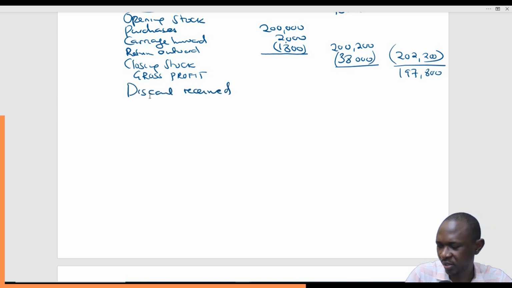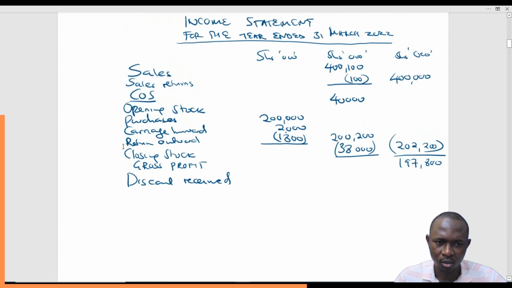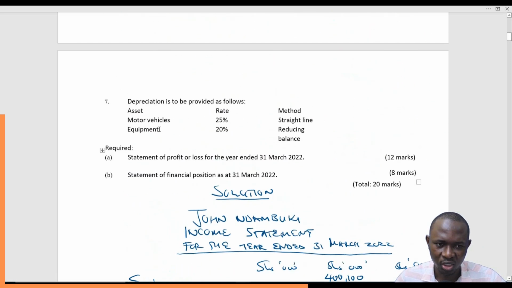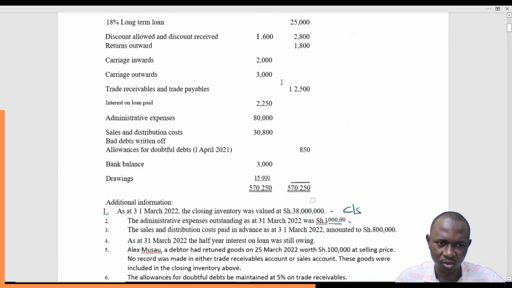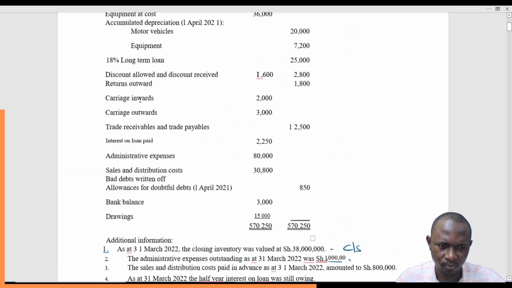How much is the figure? In fact, let's first of all check for these allowances so that we can know where to put it, whether in the mid column or the outermost column. Allowances for doubtful debts have been maintained at 5% of trade receivables. So let's check the trade receivables.